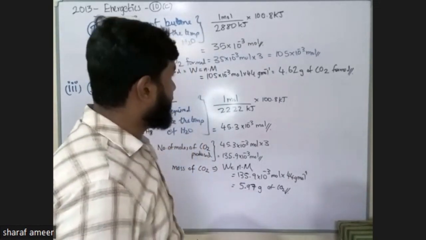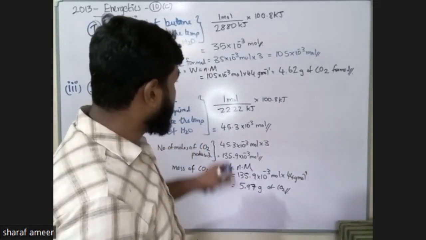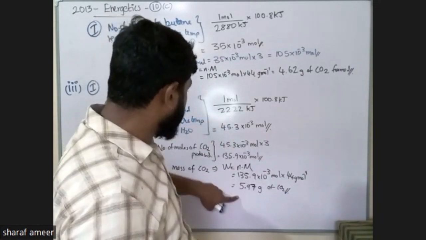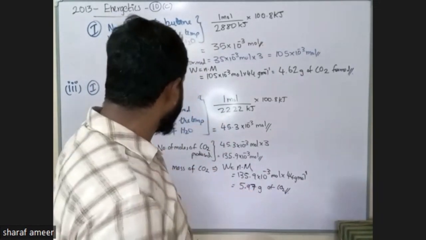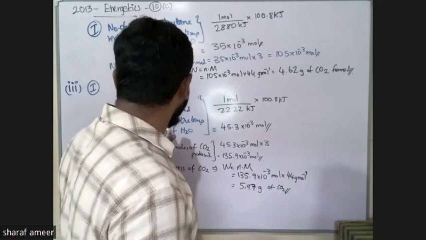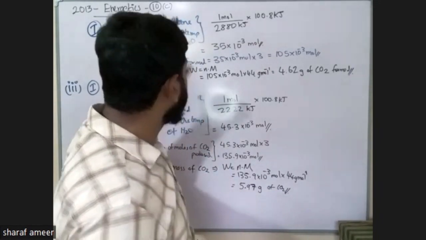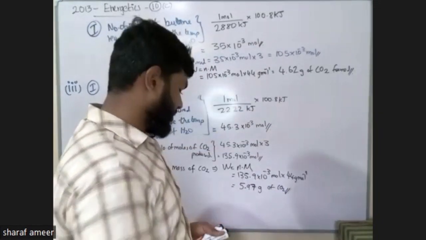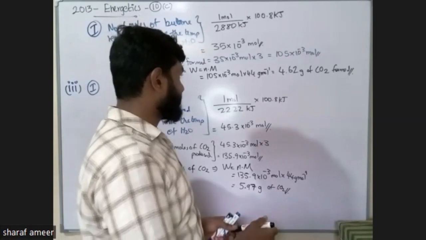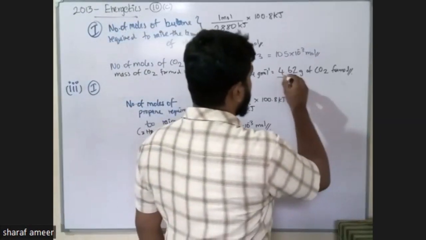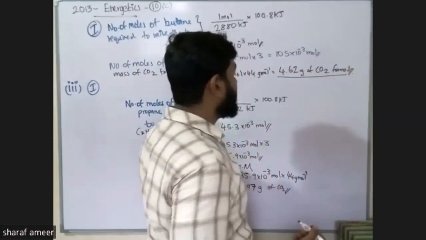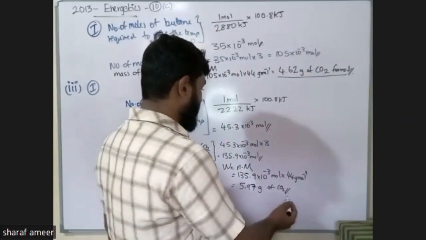So once you see the mass of carbon dioxide formed between propane and butane, you can see that butane has a low amount of carbon dioxide formed than the propane.